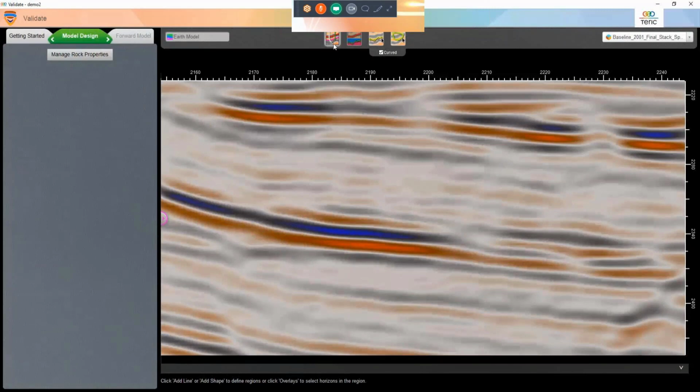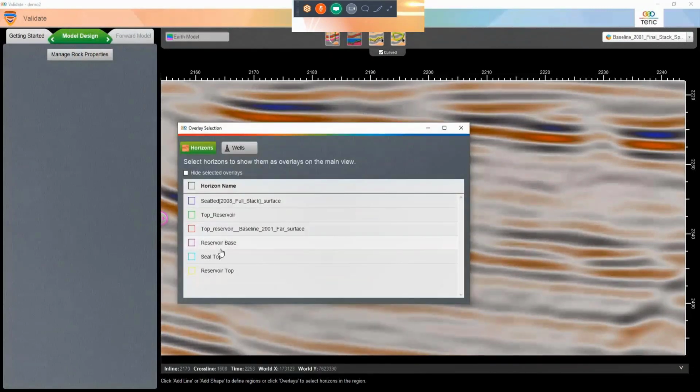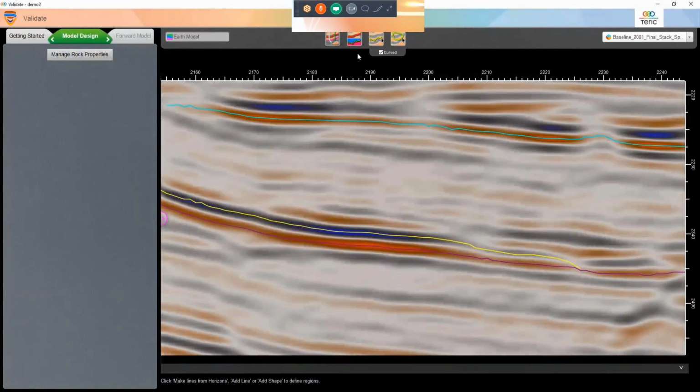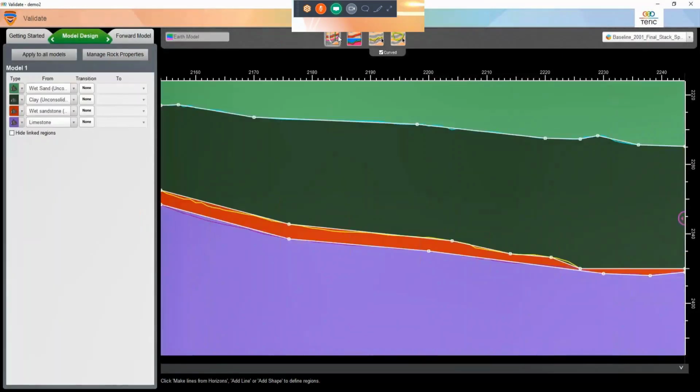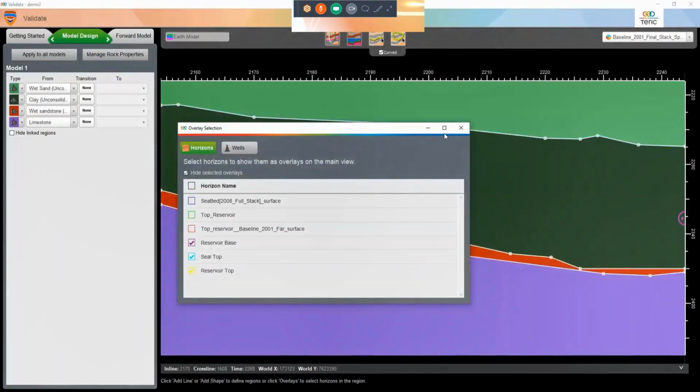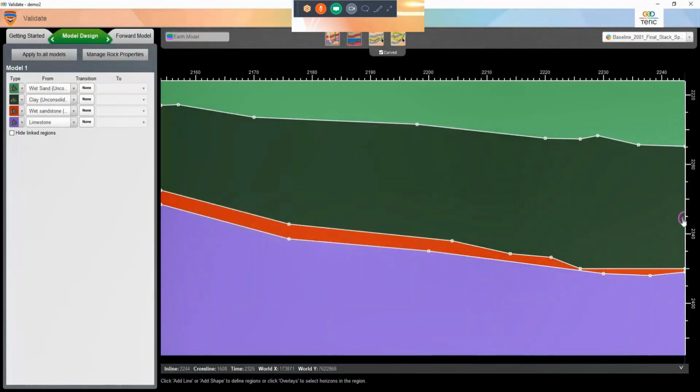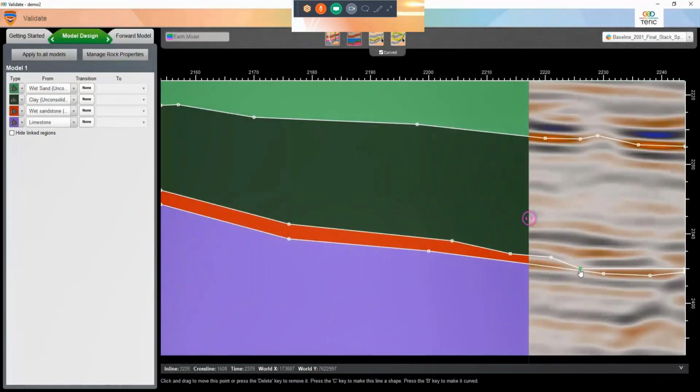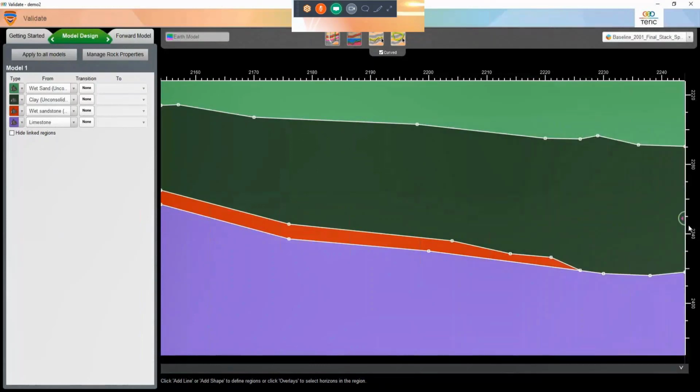To define the layers, we can start with the interpretation that we already have. We overlay the horizons and use them as a seed point to make our initial model. Let's take this off, and then we can edit those points. My reservoir disappears under the channel here, so I edit that point and delete that one, so I get the proper geometry for the layer.